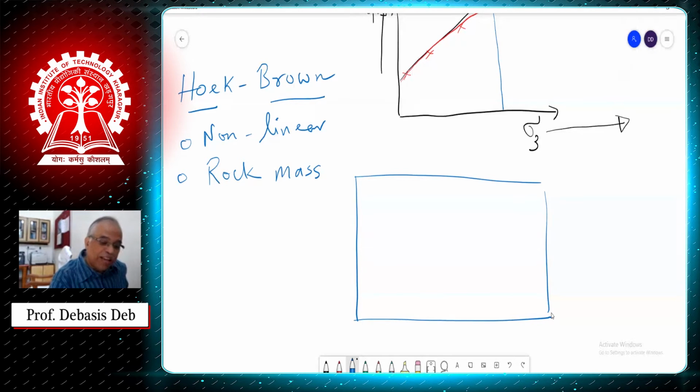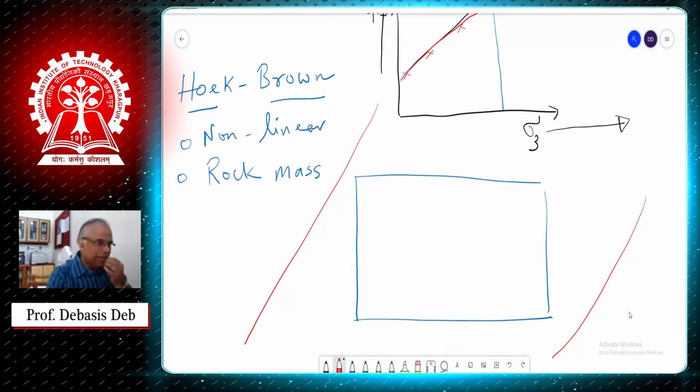Okay, now I'm going to draw something which you will probably see there. Let's say this is my representative area where you are looking, and there is a discontinuity somewhere around here and somewhere around here. Now what happened to this rectangular, this blue color box? Is it rock or rock mass? This is your discontinuity.